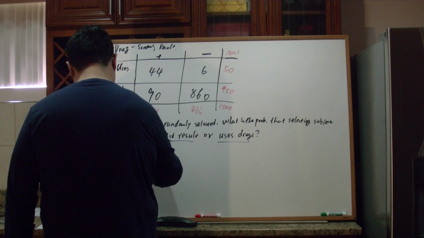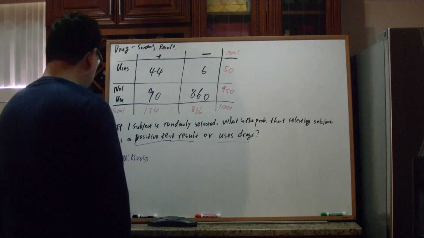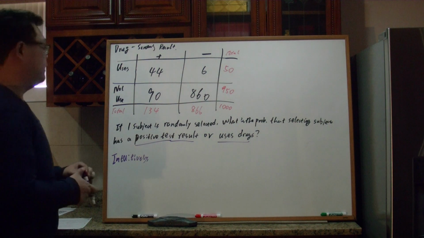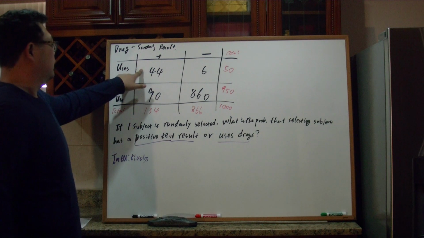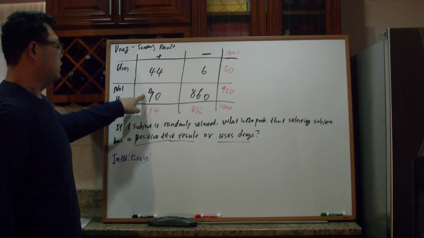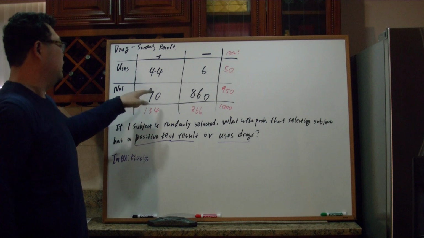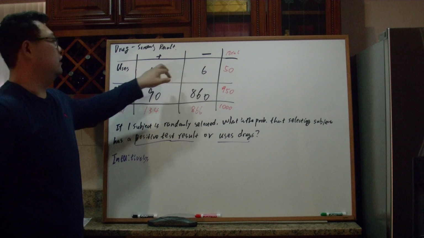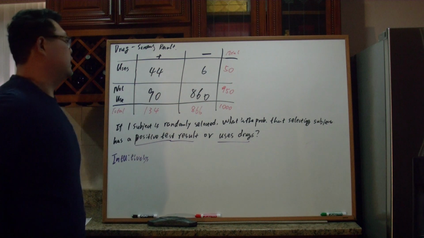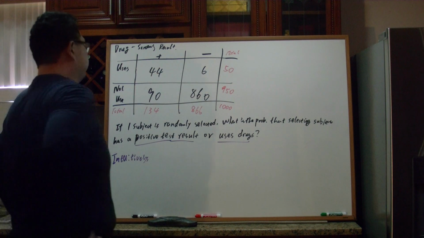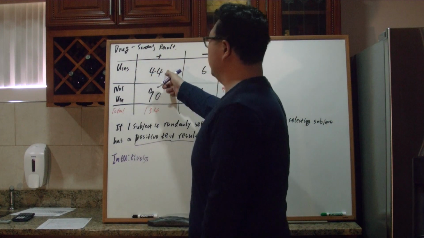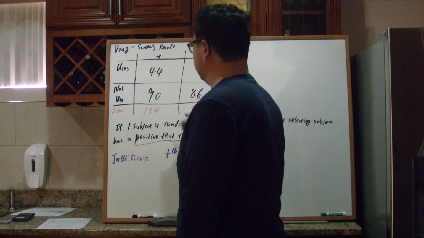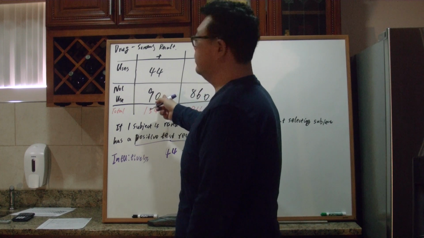Intuitively, we can observe the table that 40 and 90, those people are positive test result. And for the additional 6, they use drugs. 40 and 6 use drugs. That we have 40 people are positive and use drugs. 90 subjects are positive but do not use drugs.